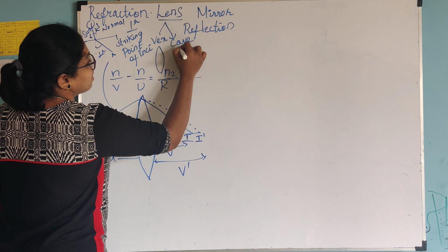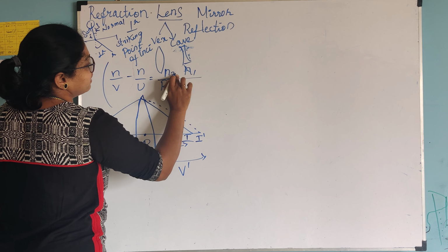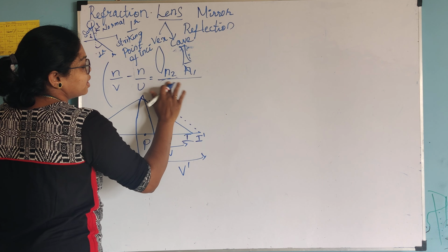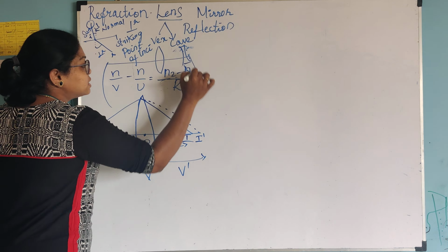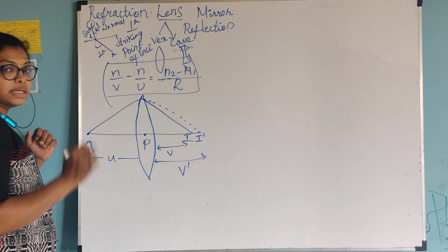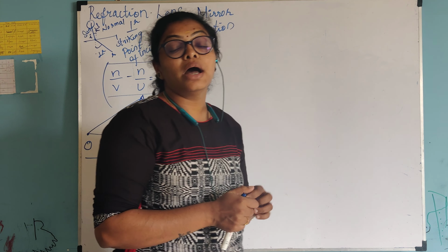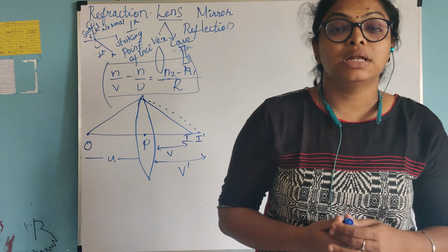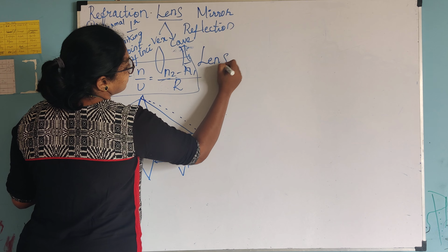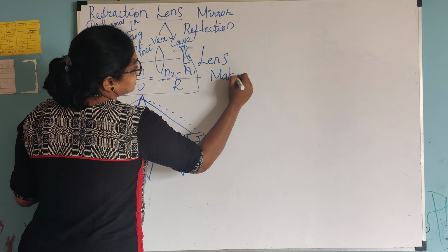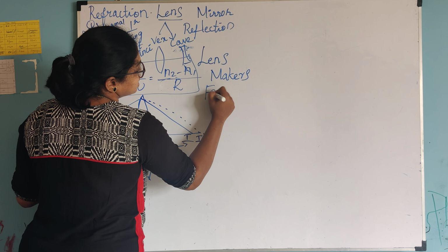Make this the basis. With the help of this formula, we are going to see a small derivation called the lens maker's formula. So our today's topic is the lens maker's formula.